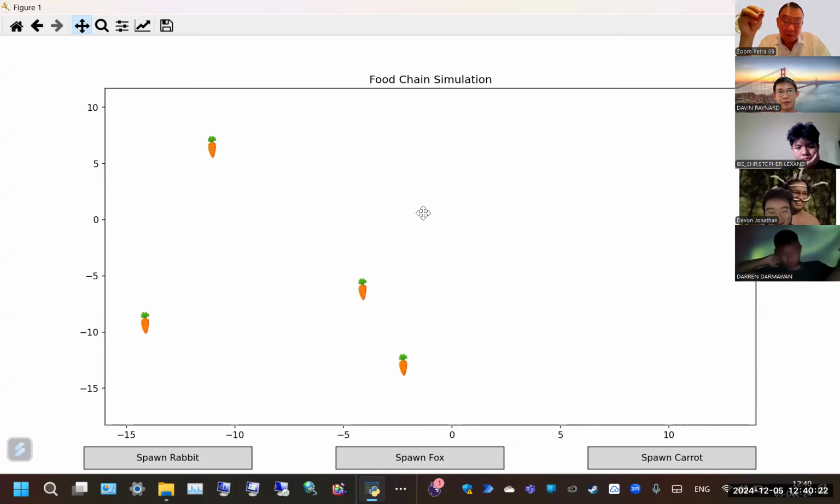If the rabbits are too many, the carrot dies, and then the rabbit also dies. There are a lot of possibilities that the world will collapse. So this is the stability theory that you need to check. What is the boundary?